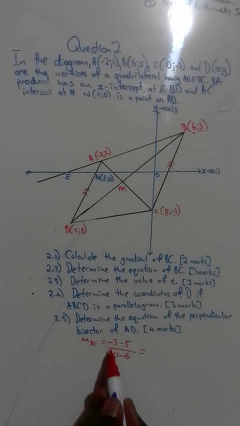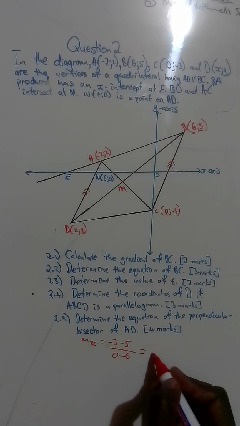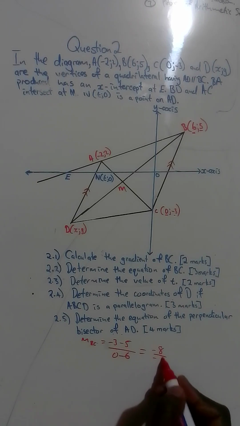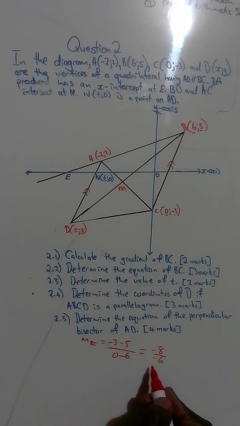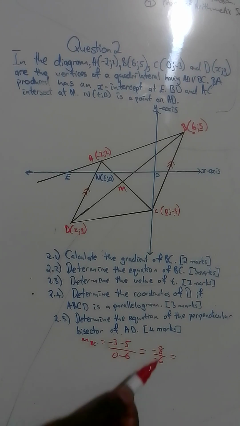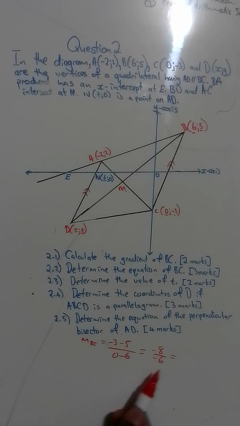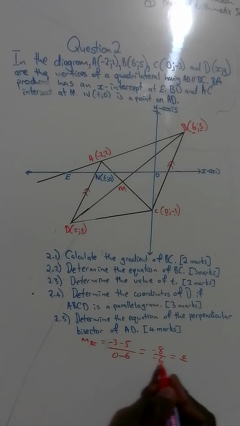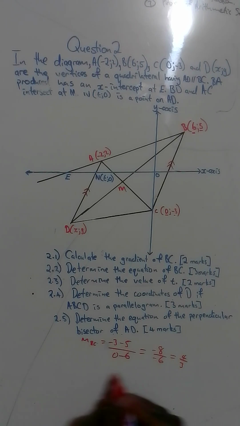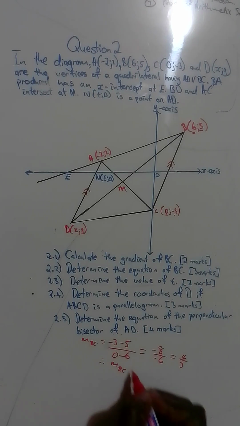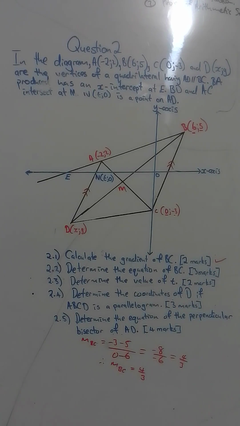That is -3 - 5 gives us -8, all over 0 - 6, which is -6. Negative divided by negative provides us with a positive. Now, we have a common factor, which is 2. 2 into 8 is 4, over 2 into 6 is 3. So we can conclude that the gradient of line BC is equal to 4 over 3. And we have got our 2 marks.